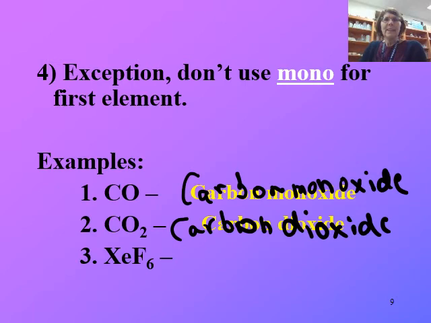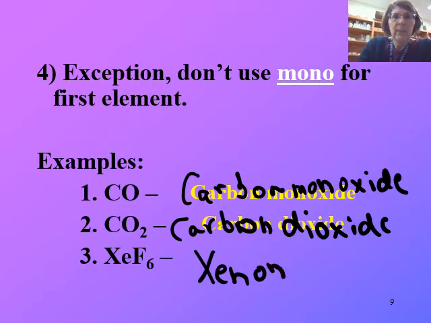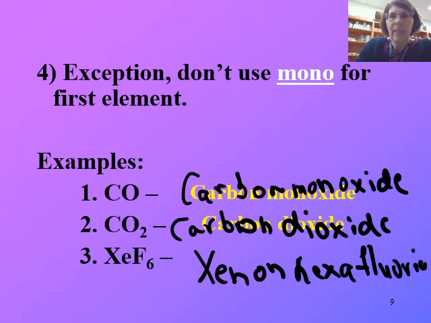Now we have xenon. Xe is xenon. We have 6 of those, so we say hexa, and then fluoride. They all end in ide.